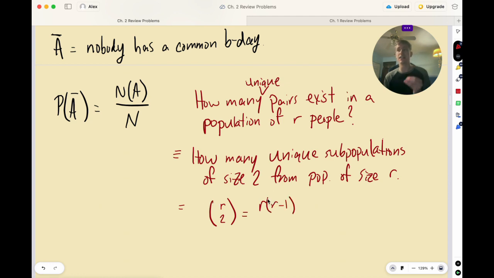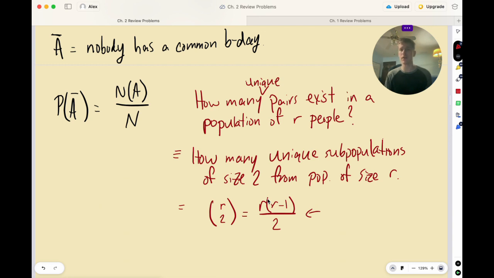But doing that double counts everybody, right? Because A and B and B and A is counted twice when it really shouldn't be. So you actually have to divide that by 2. Okay, so this is going to be an integer. I mean, it better be an integer, right? So however many this is, we have to rule out that those individuals have a common birthday.